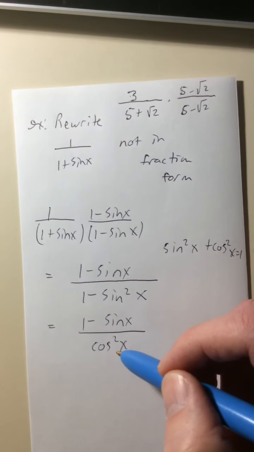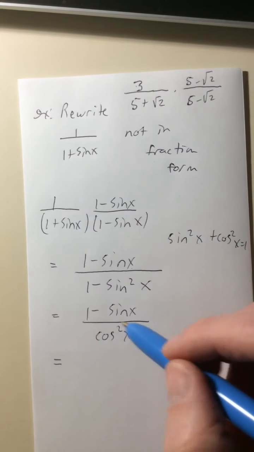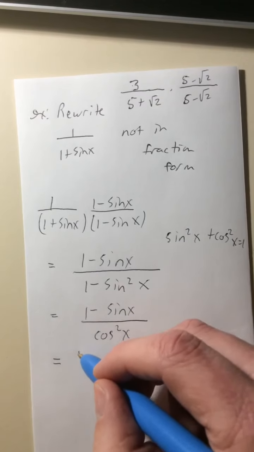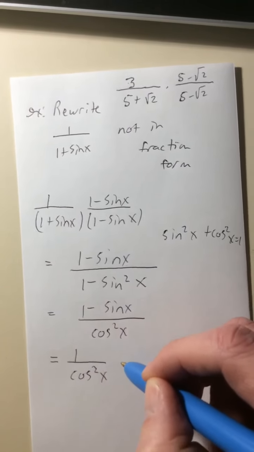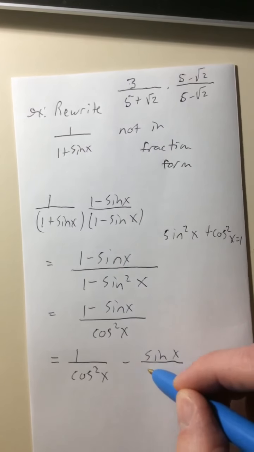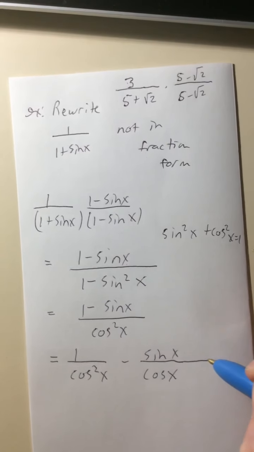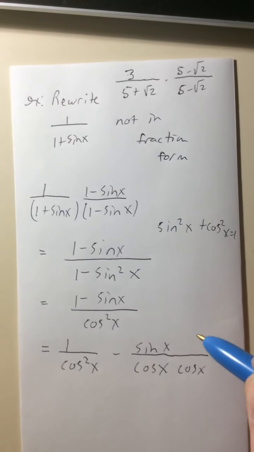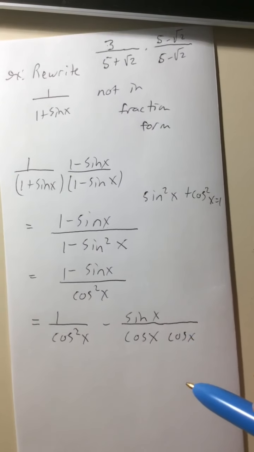And now we have a monomial, and you can see how useful that's going to be, because when we have a monomial here, we can divide it into this one and into this one. So we write it as two separate fractions, 1 over cosine squared x minus sine x over cosine squared x, which, by the way, I'm going to write like this, because cosine squared x is really cosine times cosine.